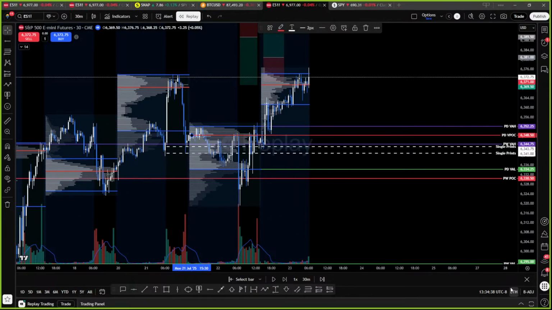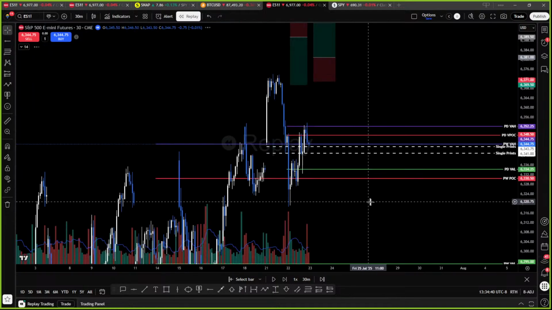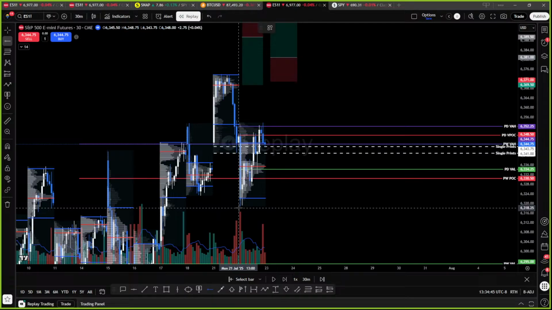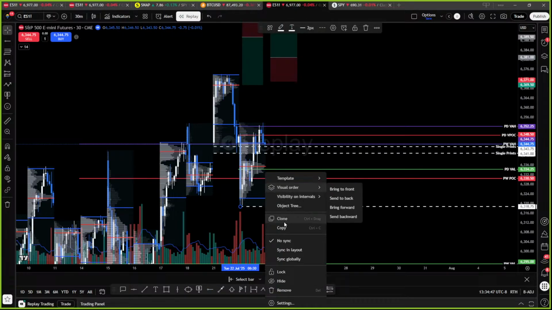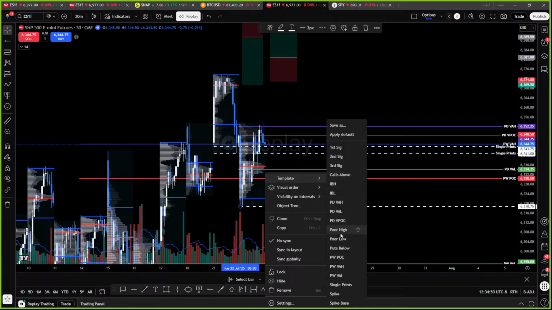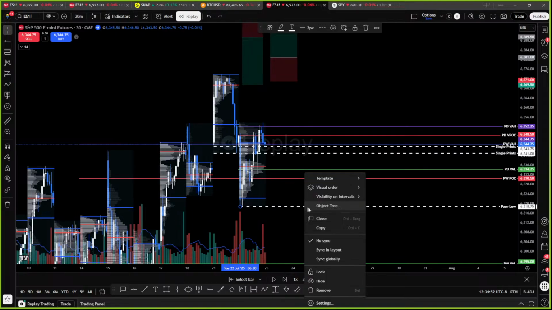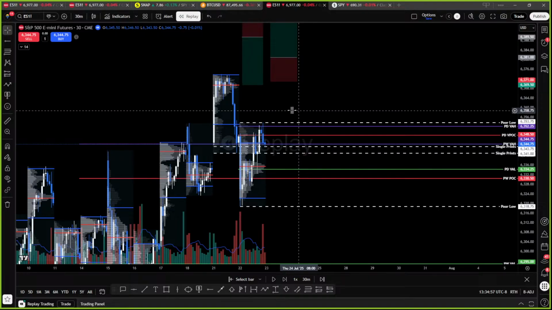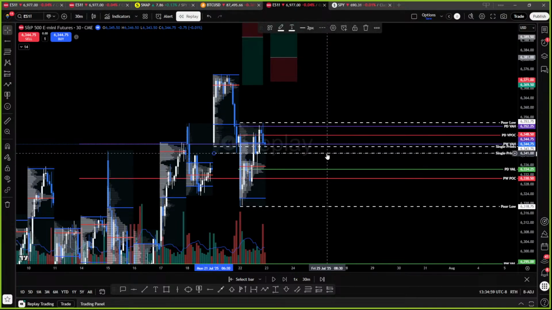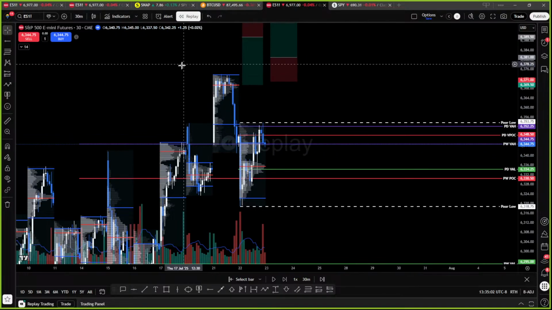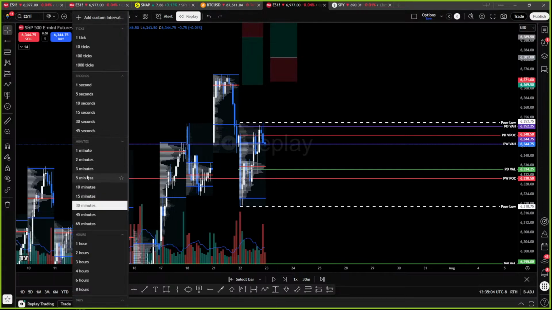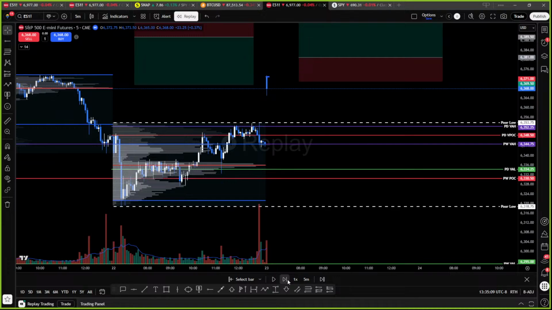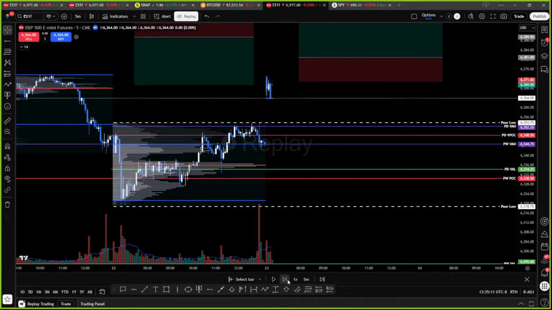All right, and then poor low, poor high. These we need to erase. This better start going better very quickly, because this is not fun.